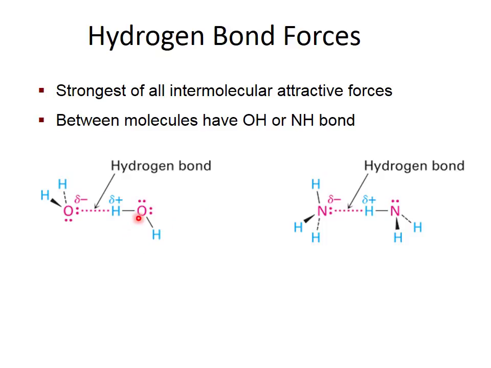For instance, water and ammonia can hydrogen bond with each other so that the oxygen-hydrogen bond could be attracted to the nitrogen, or the nitrogen-hydrogen bond could be attracted to an oxygen. But it's always that the delta negative on an oxygen is going to be attracted to the delta positive on a hydrogen-oxygen or a hydrogen-nitrogen bond.